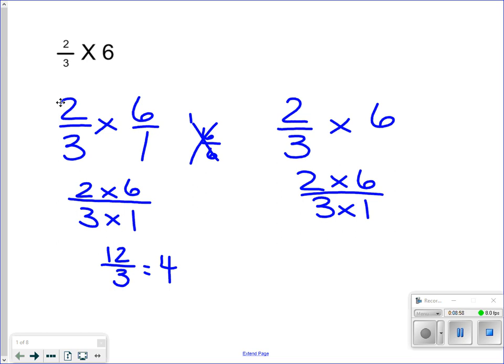Is there a number in the bottom that can go in the top, like divide? You are simplifying within the problem. 3. 3 can go into 3. It has to be able to divide within the problem. So 3 can go into 3 and 6.